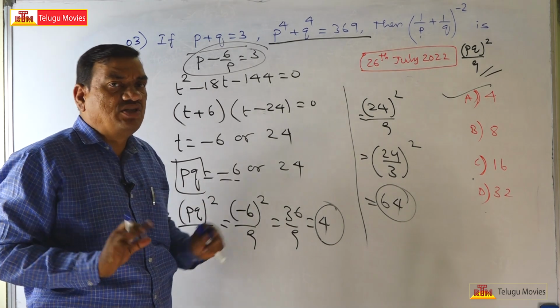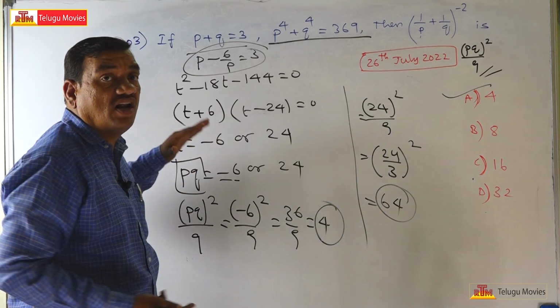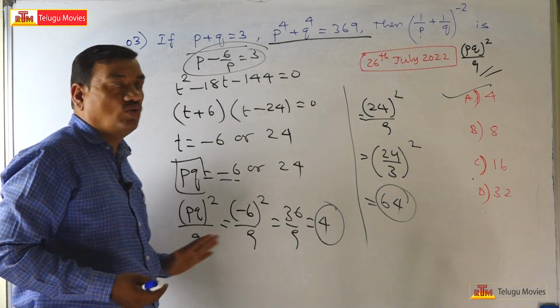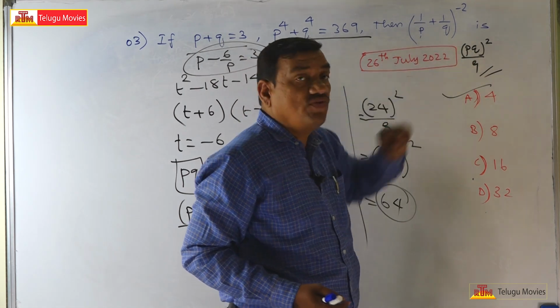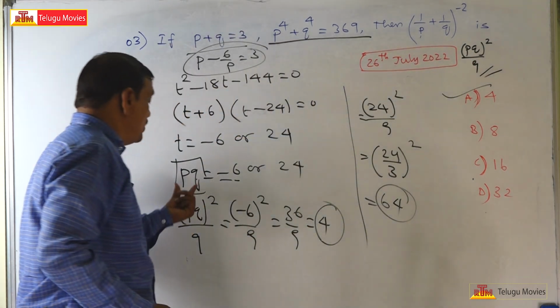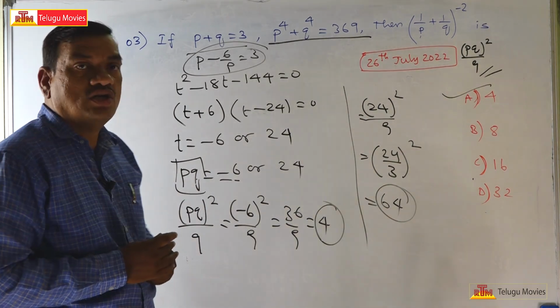Like that they will do. Okay now, the problem will get lengthy. So don't do that. First, whatever may be the given value, you simplify that. So if you find out PQ, that is enough. I hope that you understand this solution. So let us go for next problem.